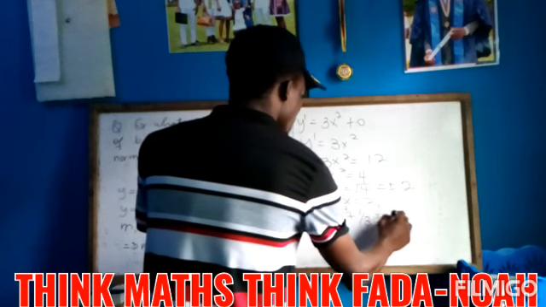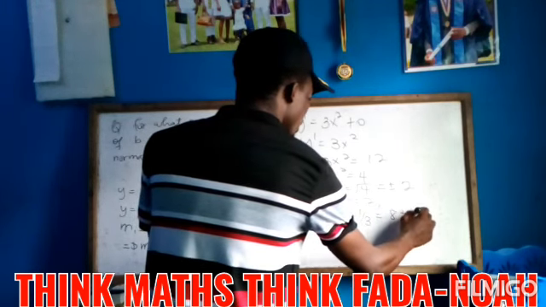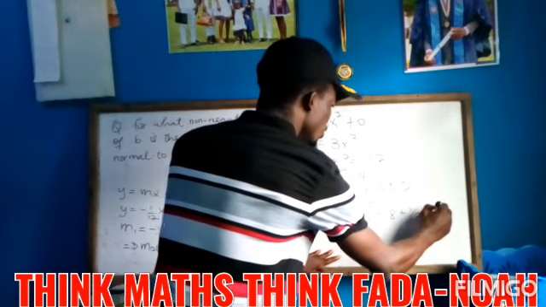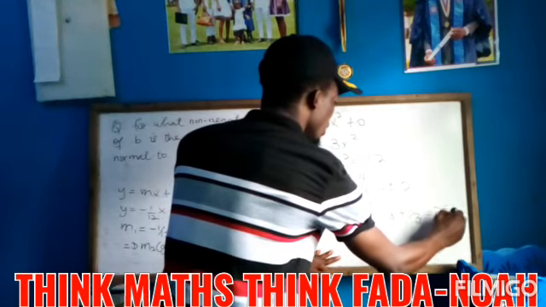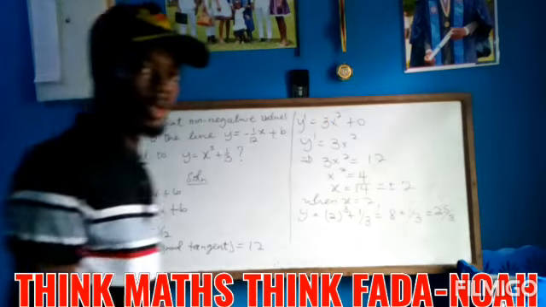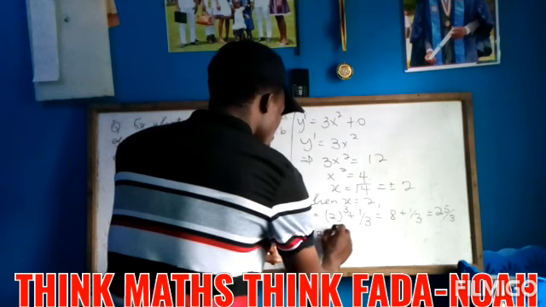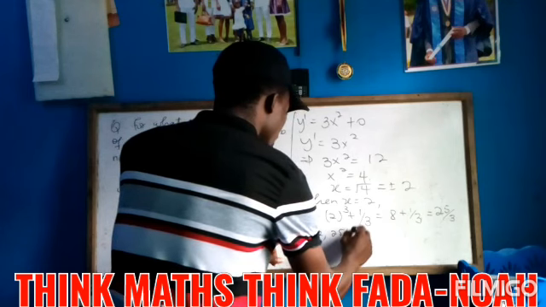This will give us 8 plus 1 over 3, which is 25 on 3. Alright, so we have one point, (2, 25/3).